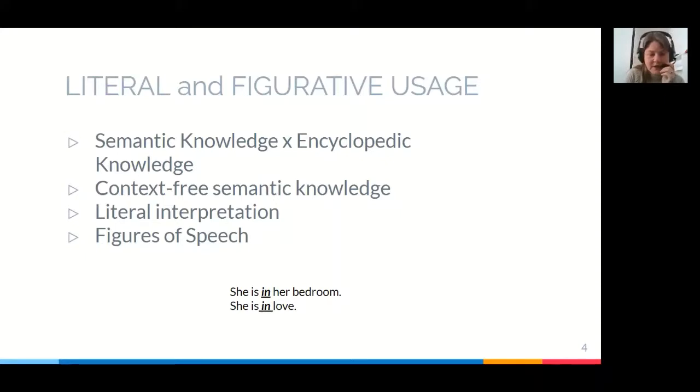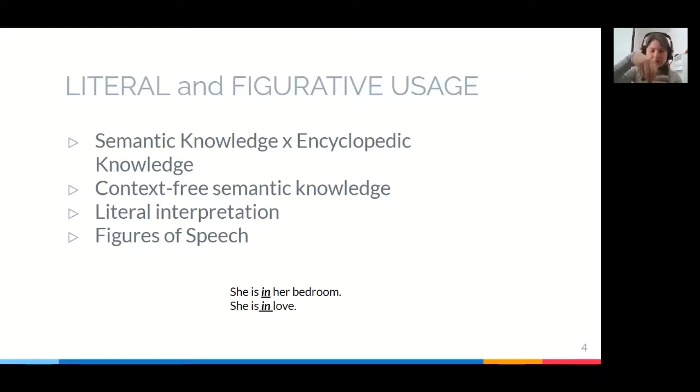In the example that's here, she is in her bedroom. You can imagine a woman or a girl inside of a room. That's the bedroom. When I say she's in love, we can even make a picture of a person surrounded by hearts and with eyes like hearts, but it is not literal.